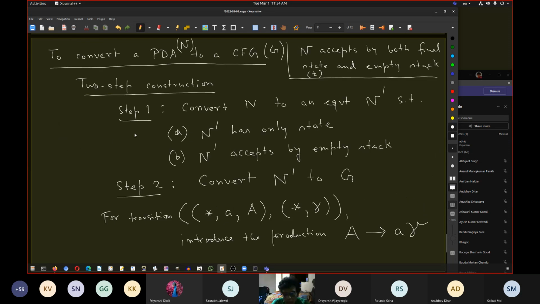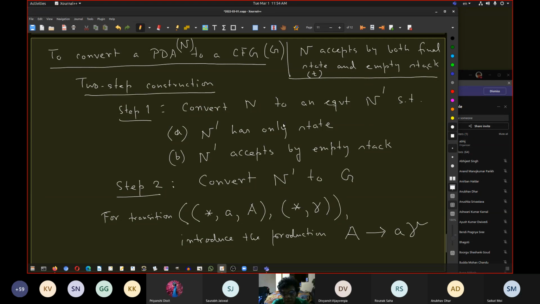Step 1 is actually a very complicated thing. In 6 minutes, I am not going to start it. It will take at least 15 minutes to half an hour. But I may give you an idea why N prime is general enough.